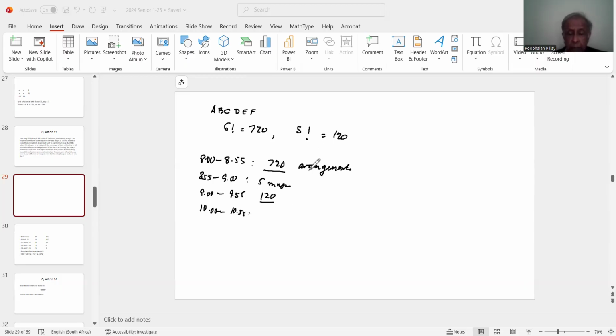All right, so from the 5, it came down to 4. So you have to divide this by 5 to get 4 factorial. Okay, 4 factorial is 24. I think you already know that, but you could have divided this by 5. And like that now, from 11 to 11:55, 4 factorial becomes 3 factorial. From 12 to 12:55, it's 2 factorial, which is 2. 2 factorial is 2 times 1.